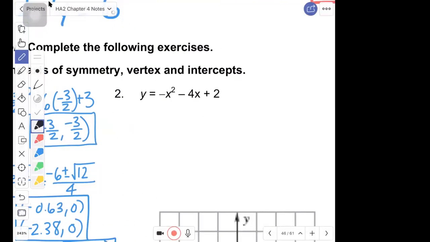Right off the bat, I would just write above it what my A, B, and C are.